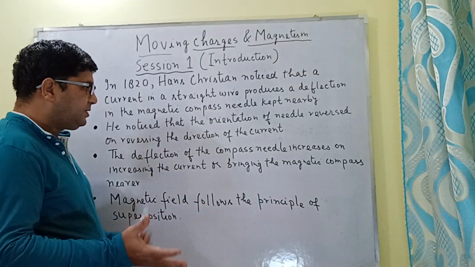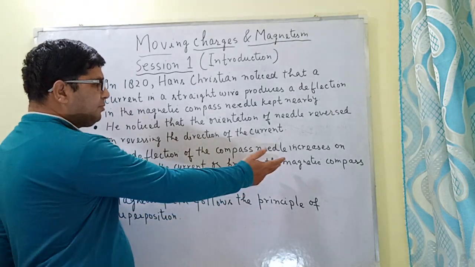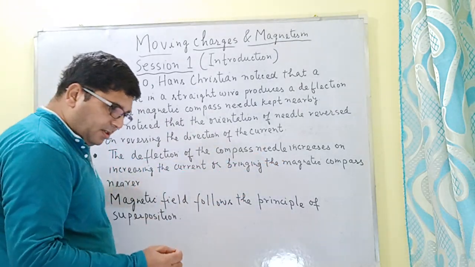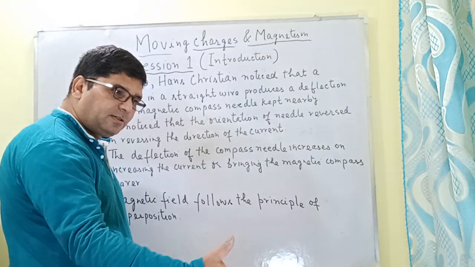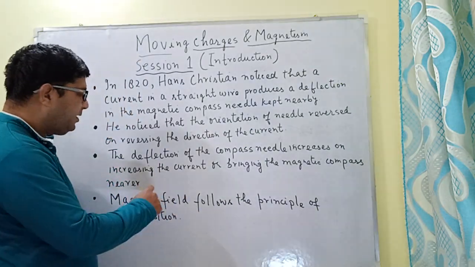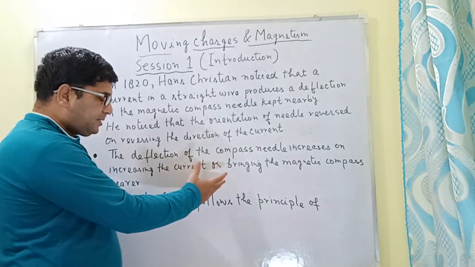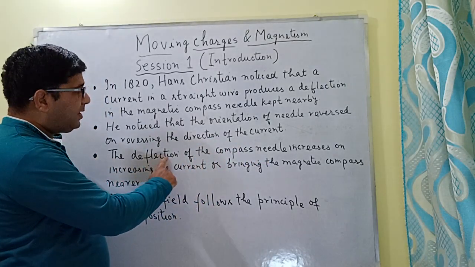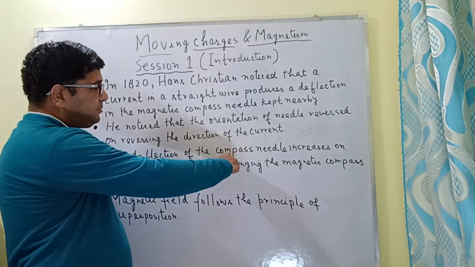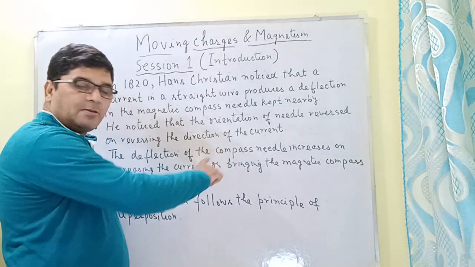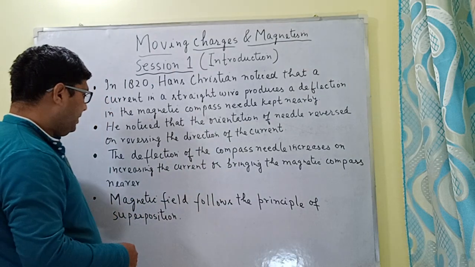What he did was that he just kept this magnetic compass near that current carrying conductor, and when he kept it near the conductor, the deflection of the needle of this magnetic compass increased.